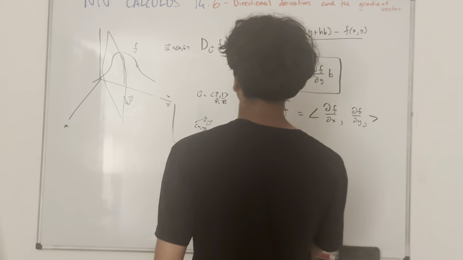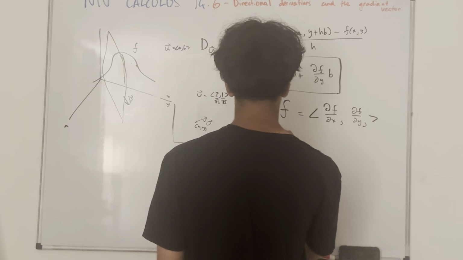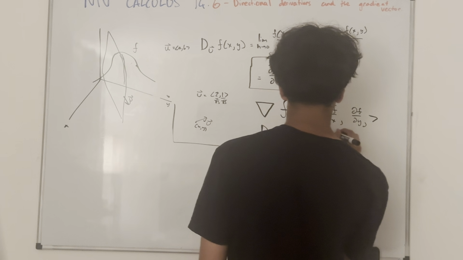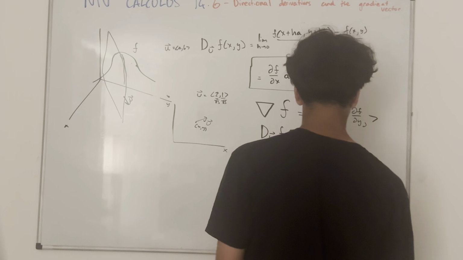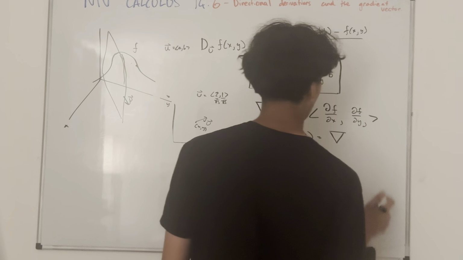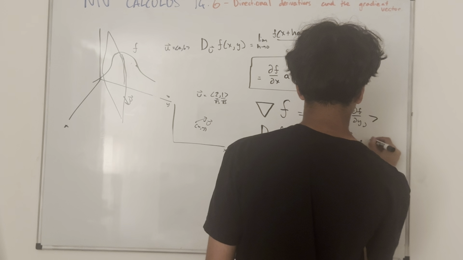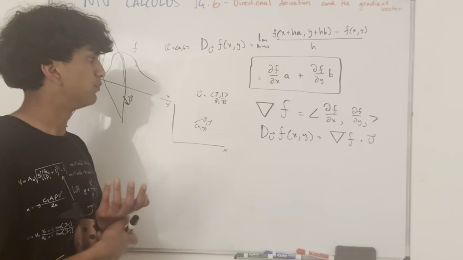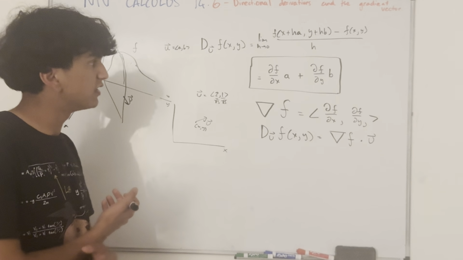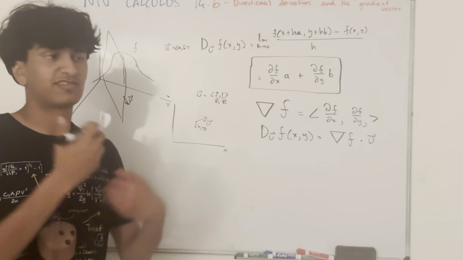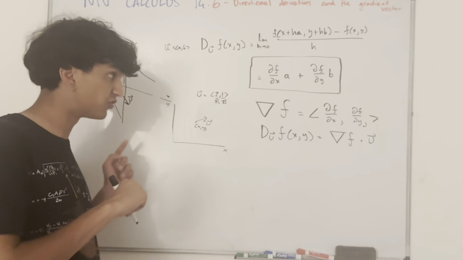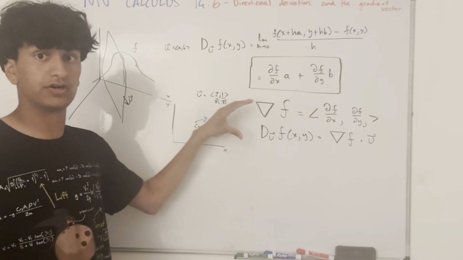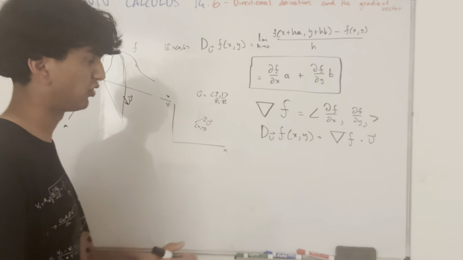So another way to define the directional derivative of f in the direction u is the gradient of f dot u. It's useful to define the gradient because we can express it in terms of a dot product. And keep in mind, the gradient is a vector, right? Actually, I guess I should show this first.